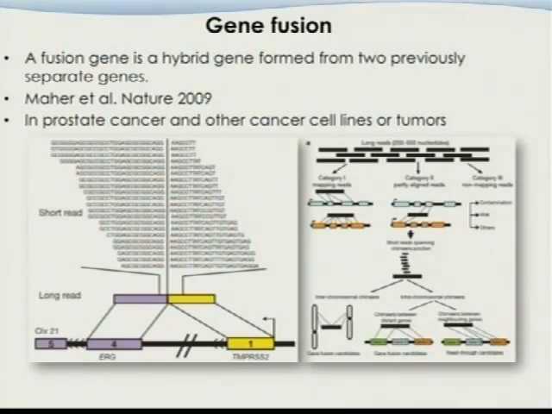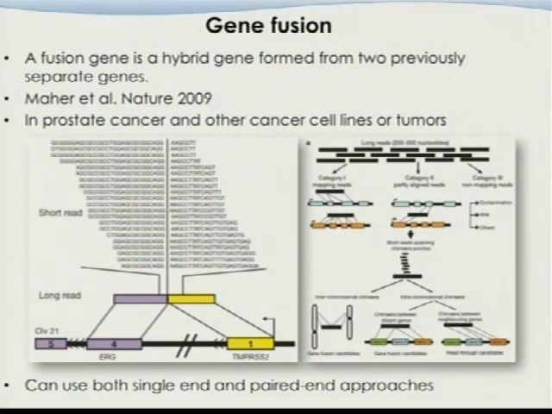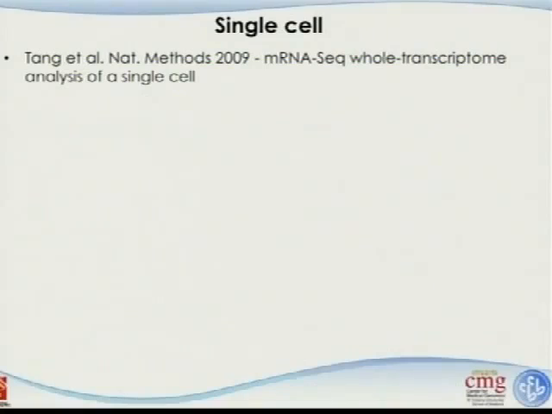But now, because we have the paired-end protocol, and there are some single ends, the reads become longer and longer, going towards 125 base pairs. So studying gene fusion certainly becomes possible. Next time I'm going to talk about that, and there are a couple of computational tools already being developed to study gene fusion from both single and paired-end data. And you can use both single and paired-end approaches.